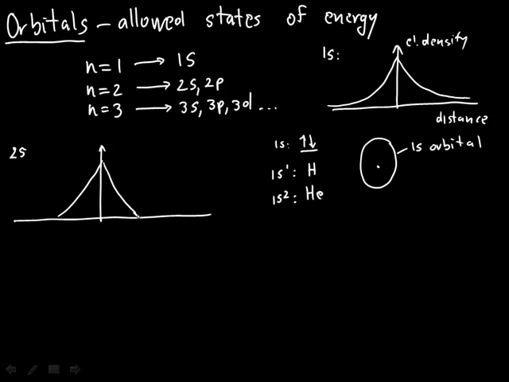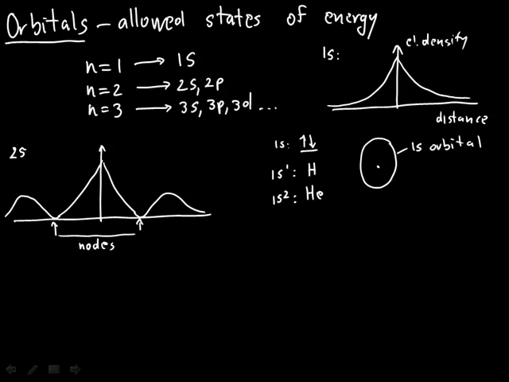But at a certain distance from the nucleus, the electron density is 0, and then it starts growing again. So we get these sort of ripples of electron density. These points where electron density is 0, here and here, are called nodes.